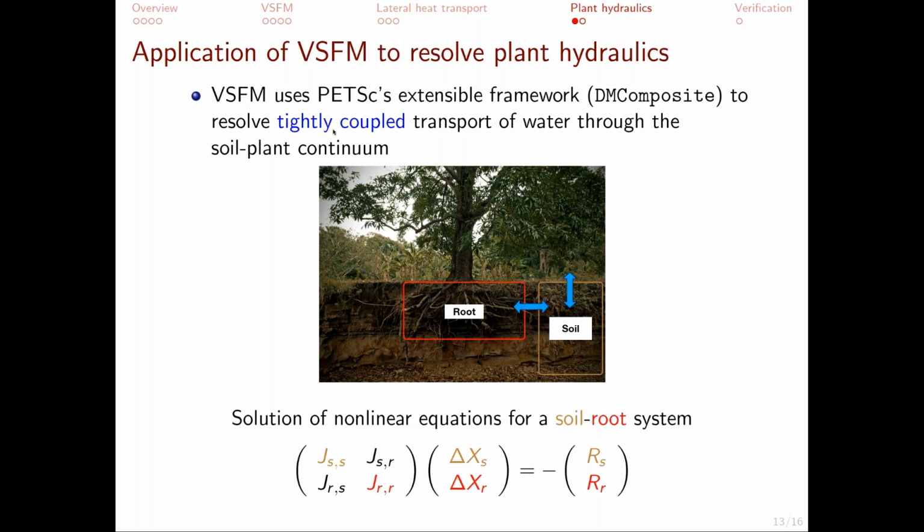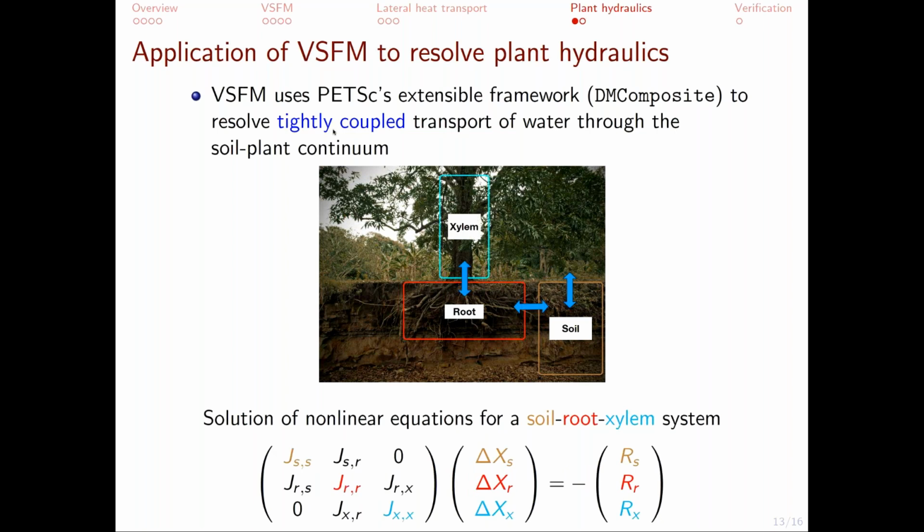But we can, at the setup, tell PETSc that there are actually two unknowns, and each unknown is itself a vector, one for the soil, one for the roots, and PETSc has the capability to grow this matrix and provide you the off-diagonal and the diagonal matrices to fill up the entries.